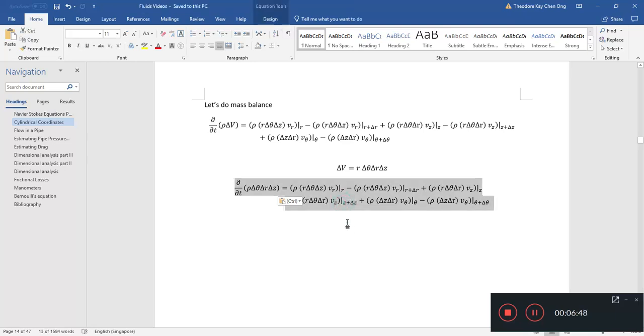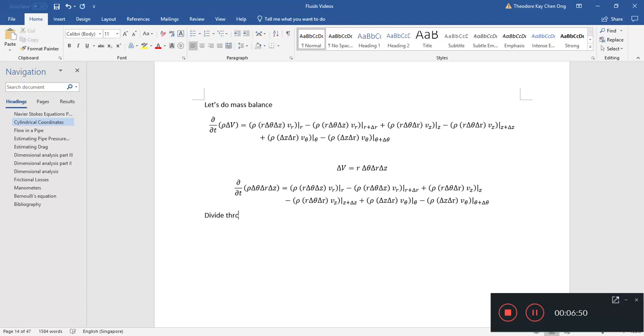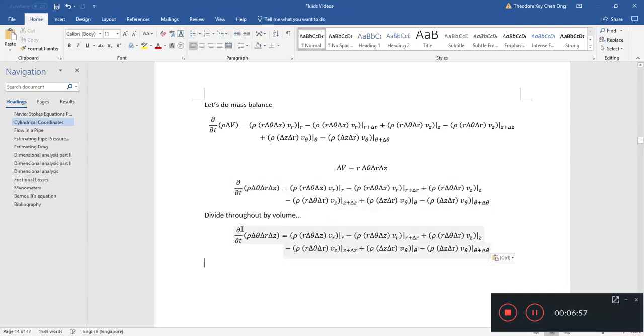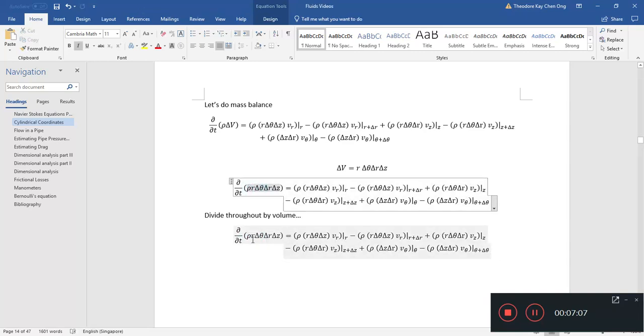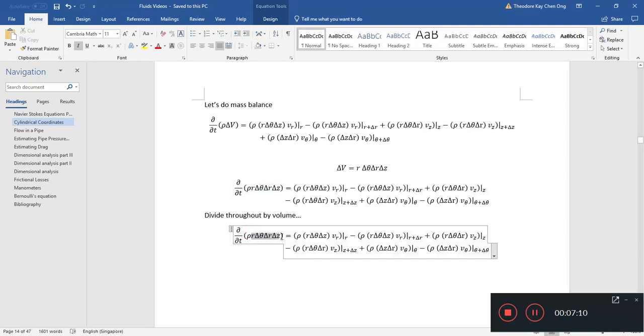Okay, divide throughout by volume. Okay, so well, can we take this term out of, I think I forgot this. There should be an r there. Okay, can I take these out of this derivative?